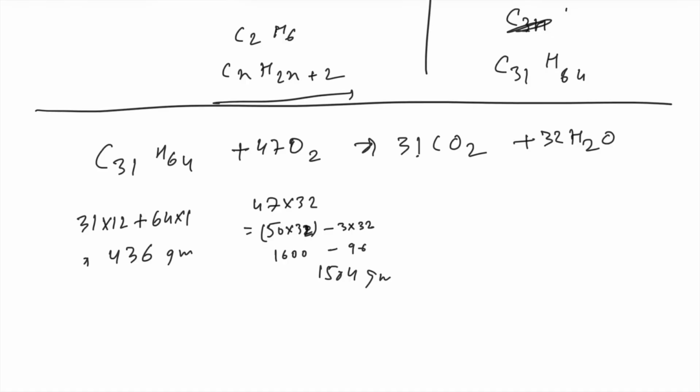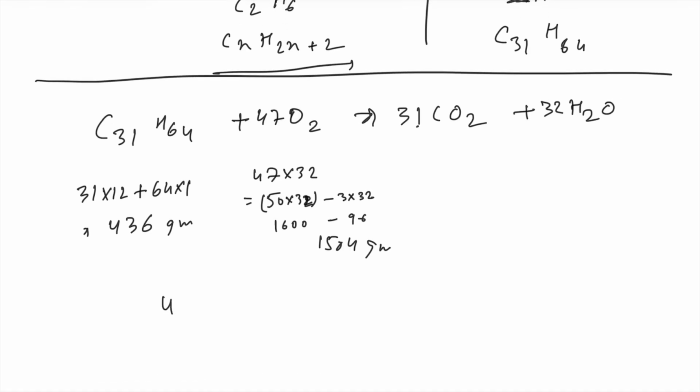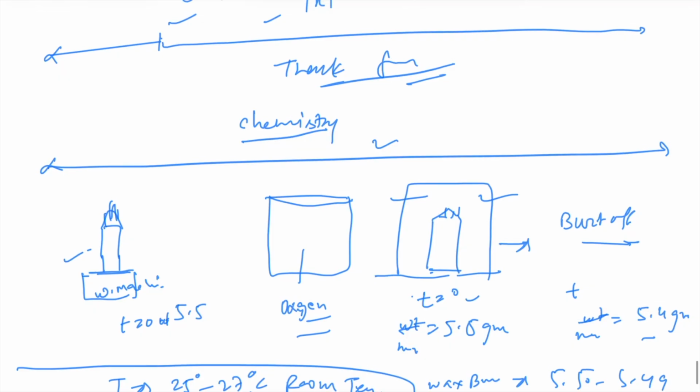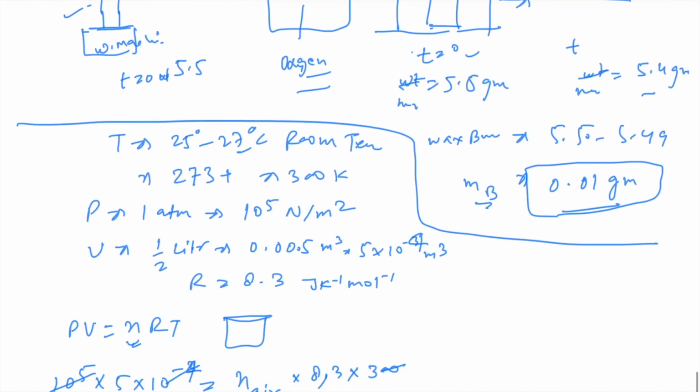Okay. So 436 gram of wax, or mombatti, requires 1504 gram of oxygen to react. Now 1 gram of wax will require 1504 divided by 436, and how much wax was burnt? 0.01, right? Yes, this much.